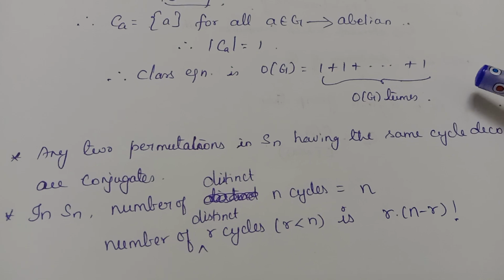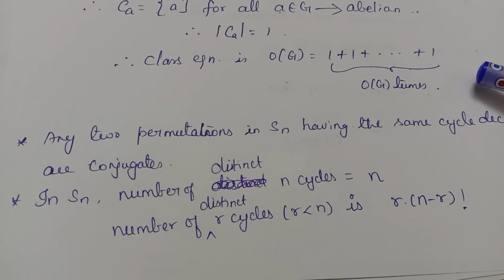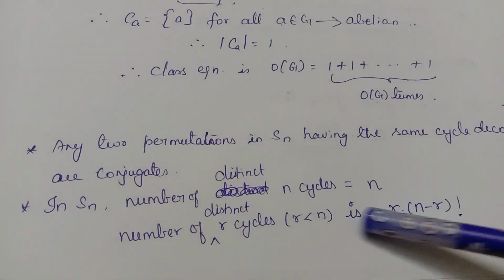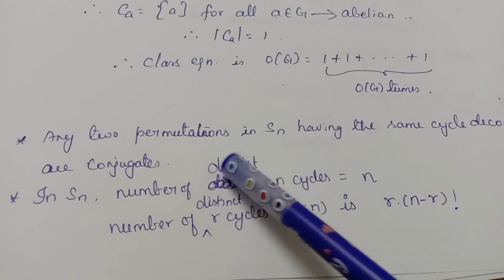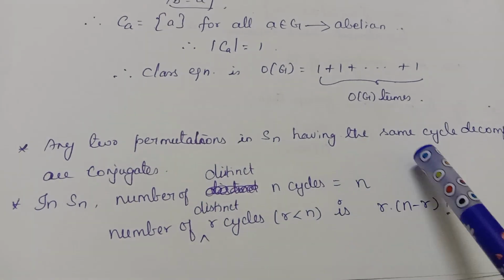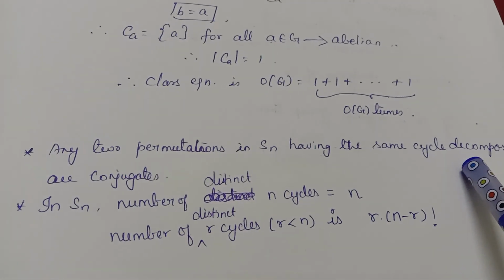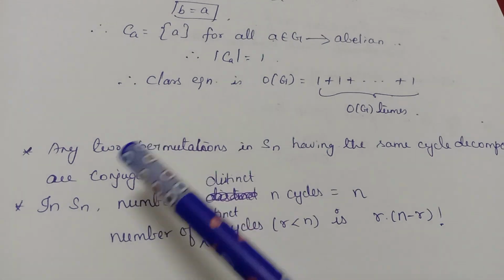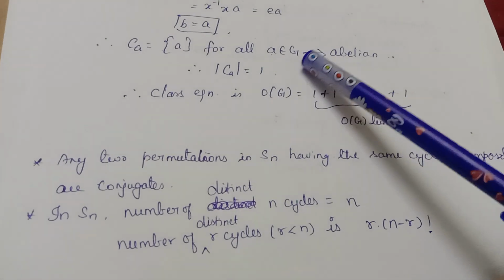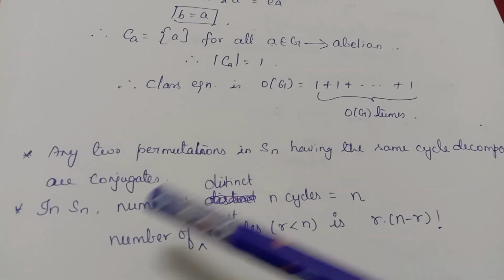Okay. Now, this video is particularly about the class equation for the symmetric group. So here I am going to look only at the symmetric group. Any two permutations in Sn having the same cycle decomposition are conjugate. Same cycle decomposition means if you write a permutation as a single cycle, then the other permutations which have a single cycle representation will be conjugate.